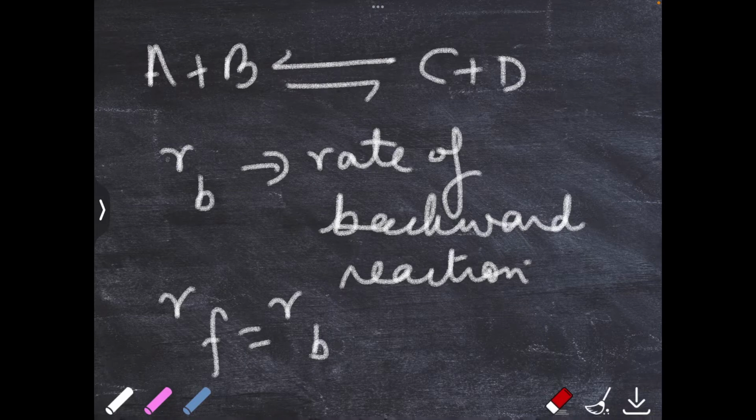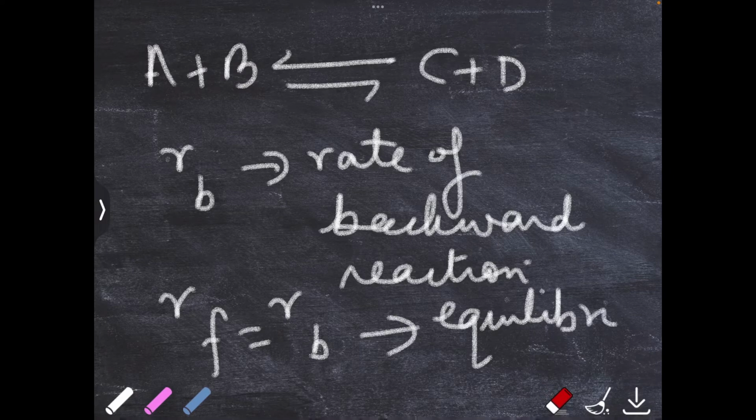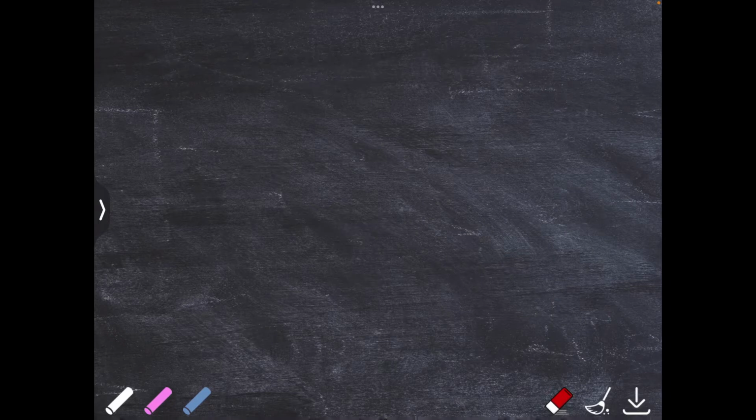At this time, equilibrium is supposed to have arrived, because the amount of A and B which is reacting to give you C plus D is equal to the amount of C plus D which is reacting to give you A plus B.